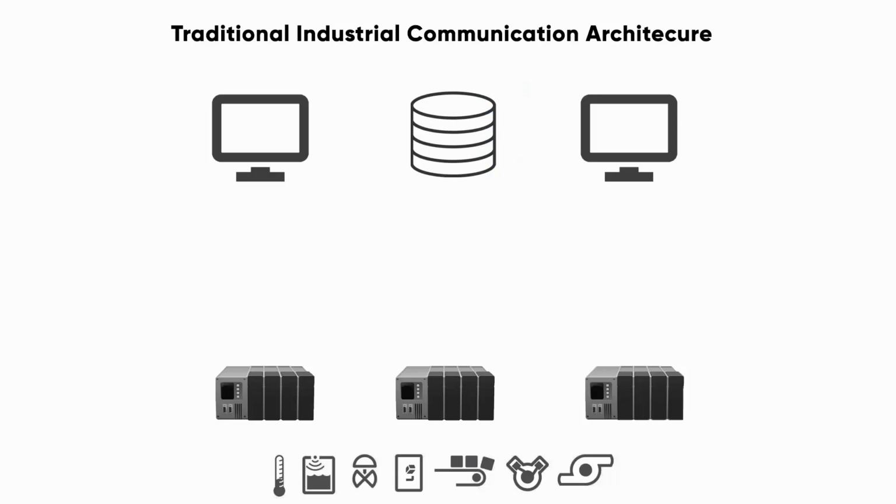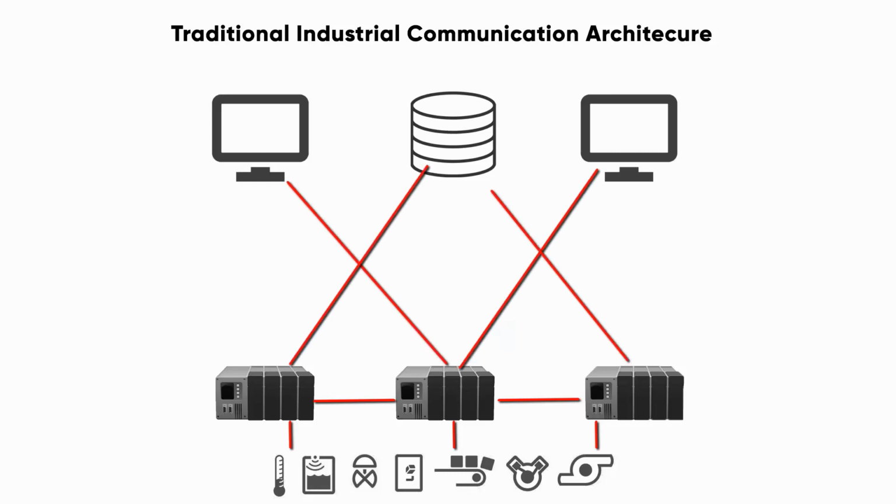So for you to really appreciate this form of communication, let's first look at the traditional industrial communication methods. Typically, you'd have your control applications running on devices and machines connected together on a controls network. And then you'd have higher level applications such as HMIs connected directly to these devices and machines.